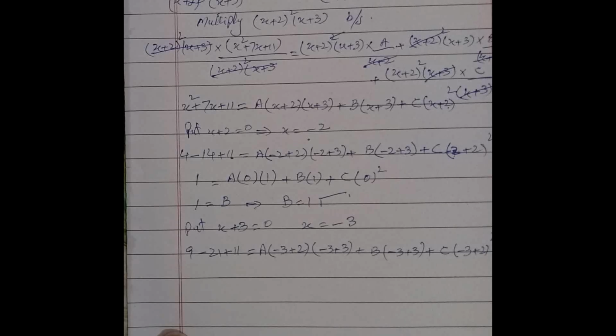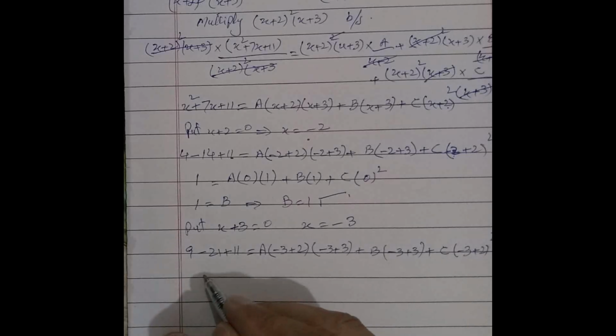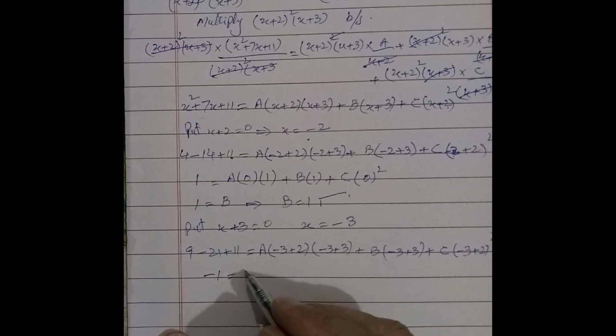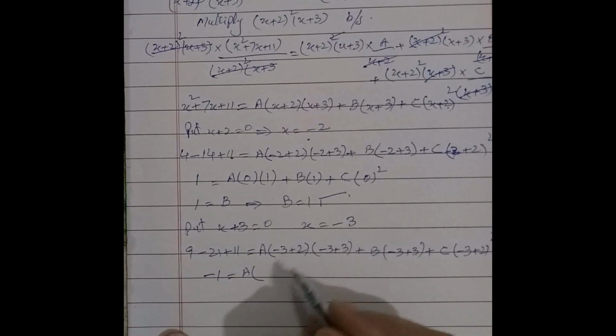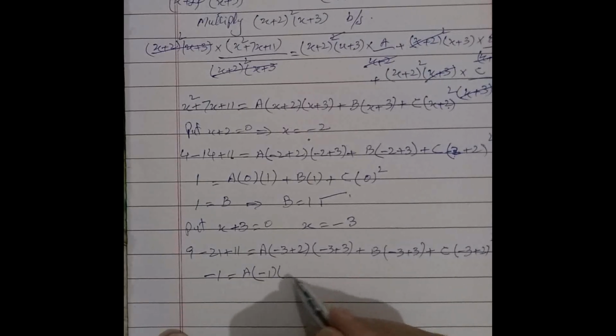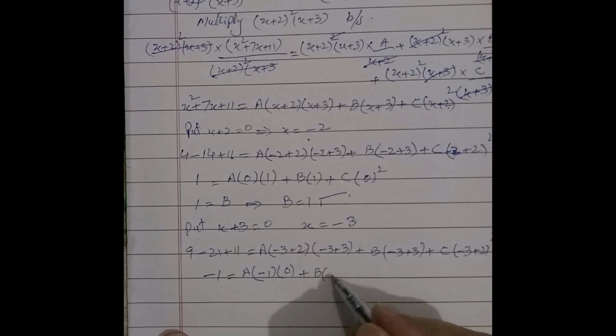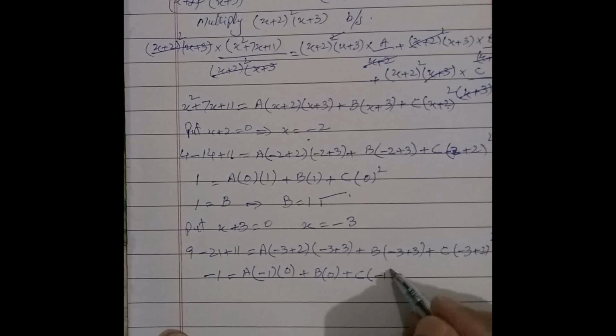Now simplify these values. We get 9 plus 11 is 20, and 20 minus 21 we get minus 1, is equal to a into minus 3 plus 2, which is minus 1. Minus 3 plus 3 is equal to 0, which means the whole value is 0, plus b into 0, plus c into minus 1 whole square.